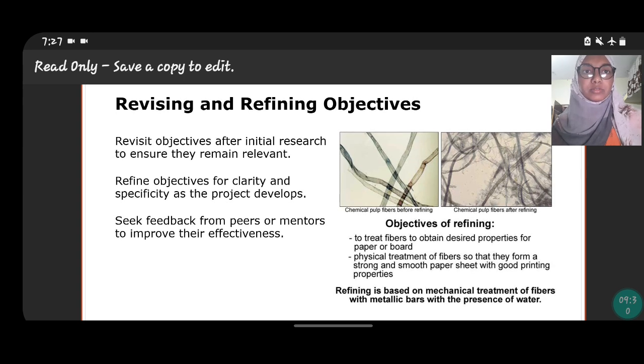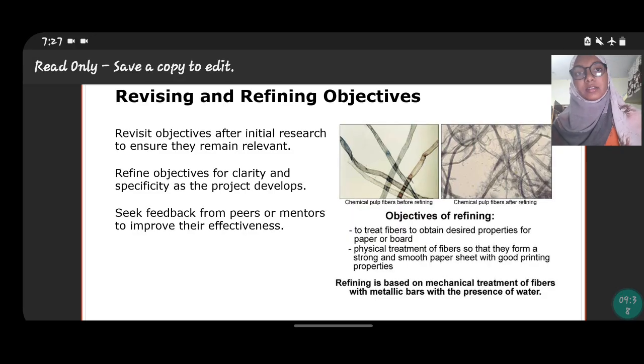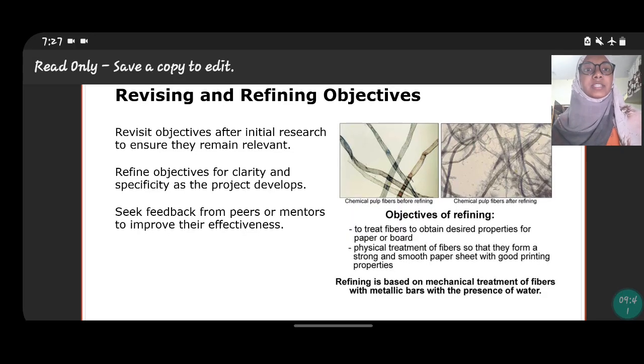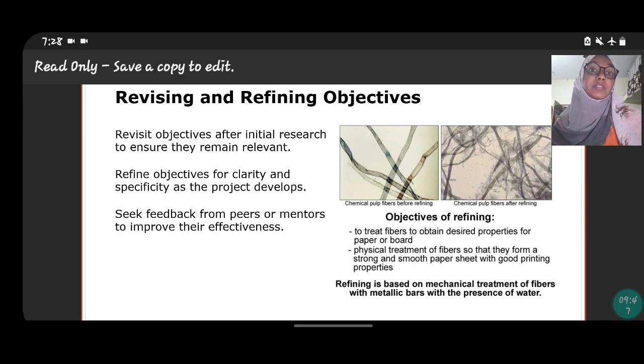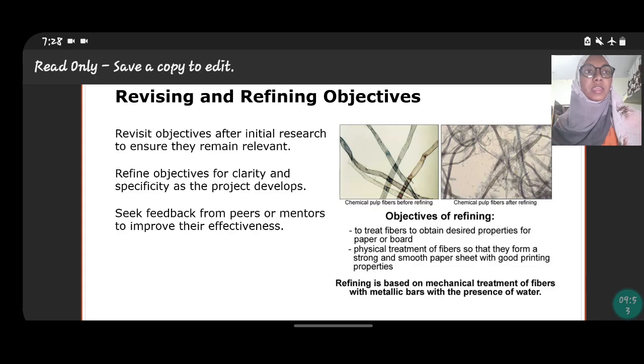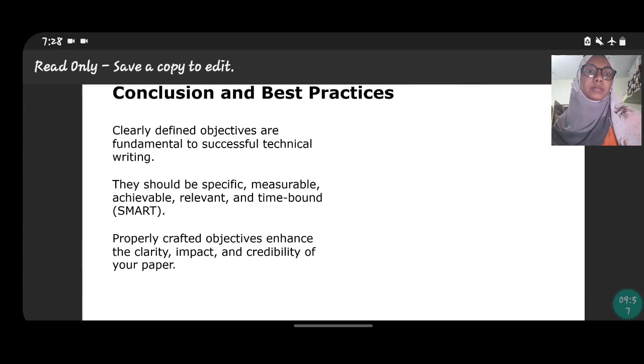Refine objectives for clarity and specificity as the project develops. So it should maintain clarity. Seek feedback from peers and mentors to improve their effectiveness. So after revisiting and refining, we have to take feedback from our peers or mentors, so they can make our paper more effective.